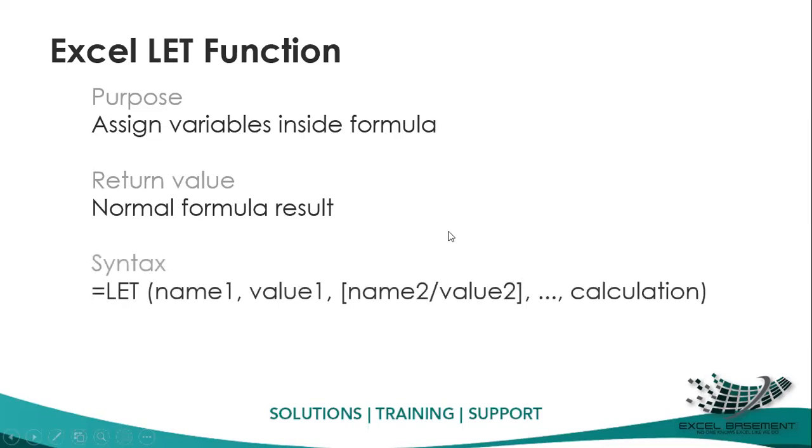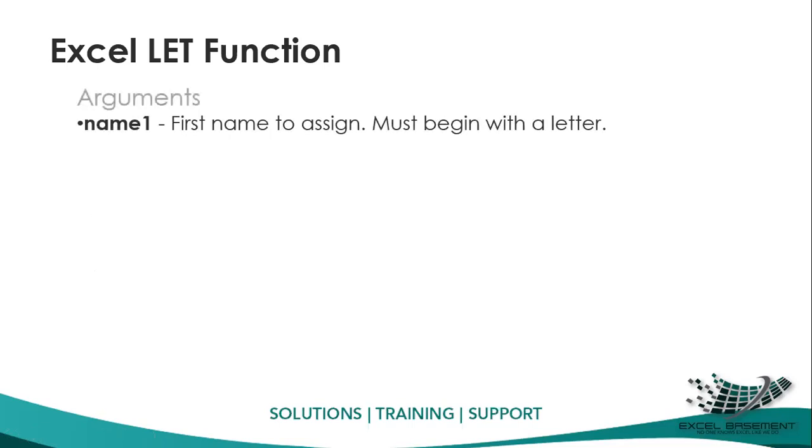The syntax of the LET function is, first we have to define the name of that variable, then its value, and then the calculation we want to do. And similarly, there are up to 126 variables we can define within the LET function. So the first argument, which is the name one, is the first name to assign, and it must begin with a letter.